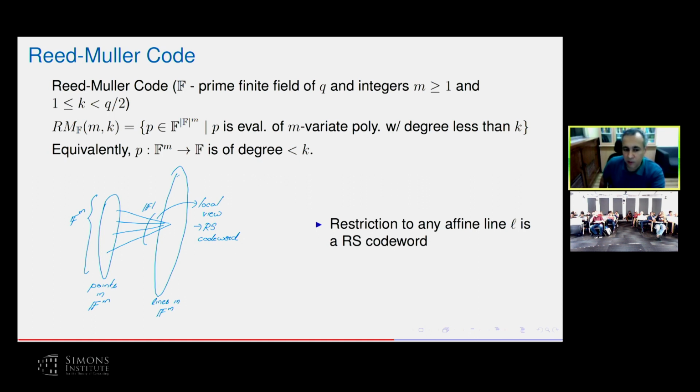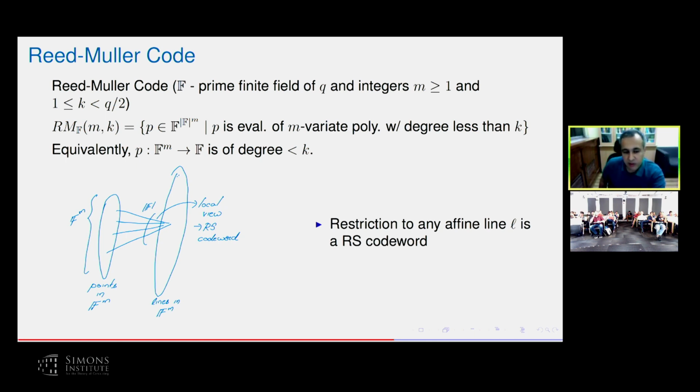So this is a bipartite graph representation for the Reed-Muller code. Once again, for certain settings of m, the number of lines can be far more than the number of points. And this is an imbalanced bipartite graph with the imbalance going in the wrong direction. We won't be able to prove the rate of the Reed-Muller code by looking at this graph. The rate of the Reed-Muller code is proved in a different fashion.